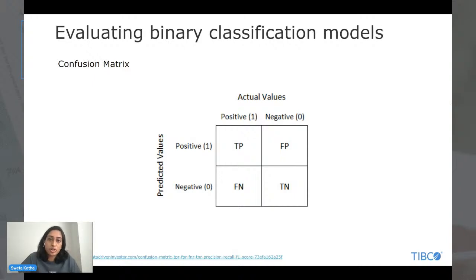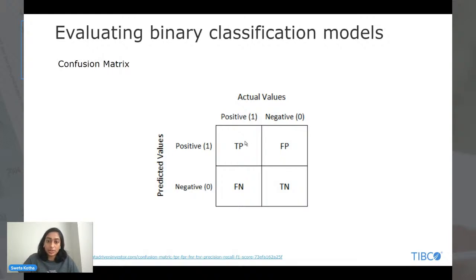One of the simplest visualizations that we use is called a confusion matrix. What a confusion matrix does is it's literally a 2 by 2 matrix, and it counts your predicted values against your actual values. So for example, if we're trying to predict that something is a 1 or a 0, and we predict that something is a 1, but in reality it also is a 1, that means we have what we call a true positive.